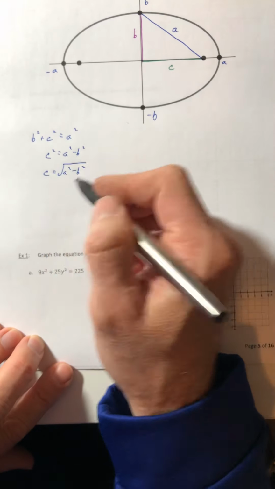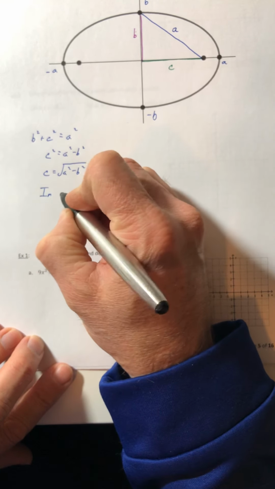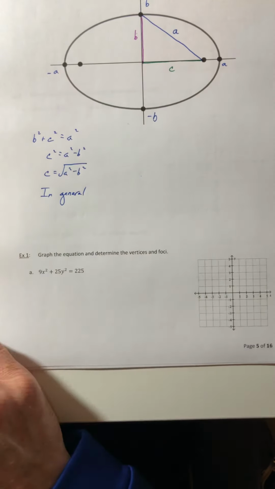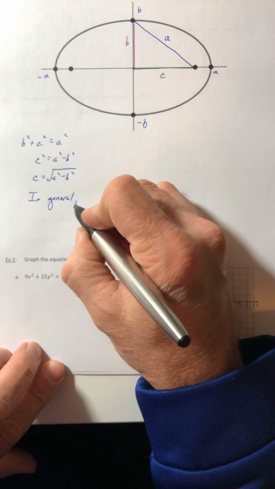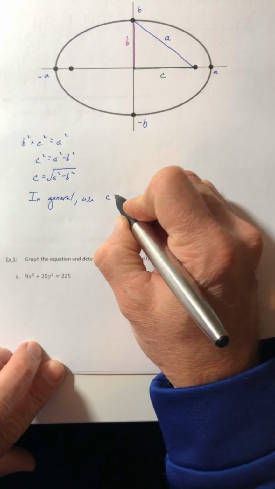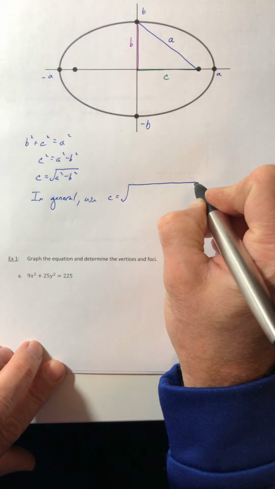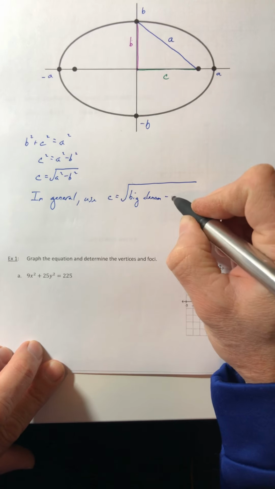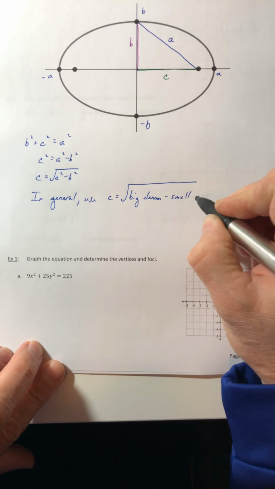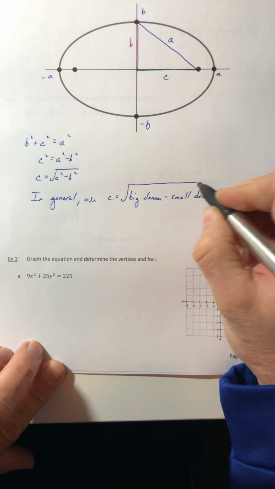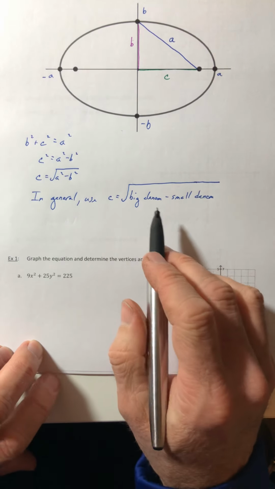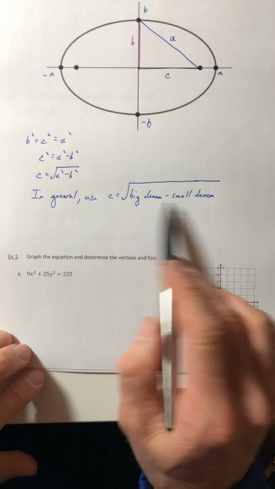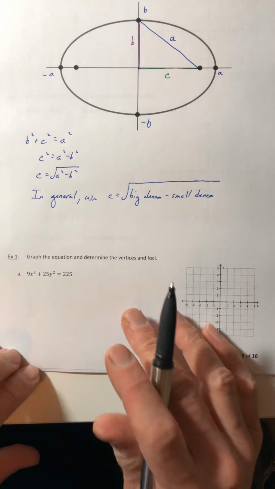So to help you out with that in general, just so you don't have to worry about how do I derive that again, you're going to use C equals the square root of the big denominator minus the small one. So if you follow that, then you don't ever have to worry about is it under the X or is it under the Y? So just always do this. Just always make sure you get a positive result inside your radical.